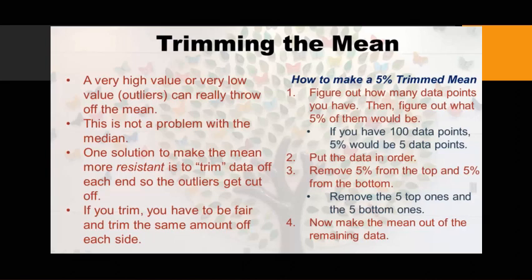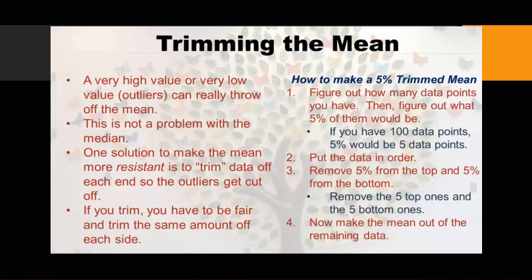We can trim data off each end so that the outliers get cut out from the mean, and that way it can be a little bit more fair, and we take the mean of what we have left after we've trimmed the outliers out. Typically you probably want to do a 5% trimmed mean. That's pretty normal. How you would do this is you figure out how many data points you have. Let's pretend you have 100 data points, 100 numbers there.